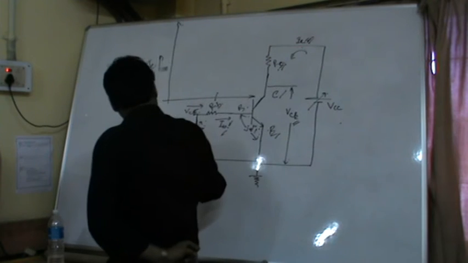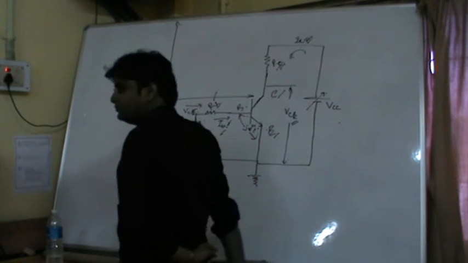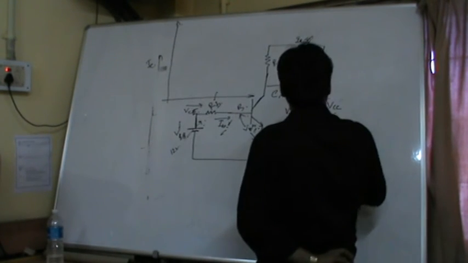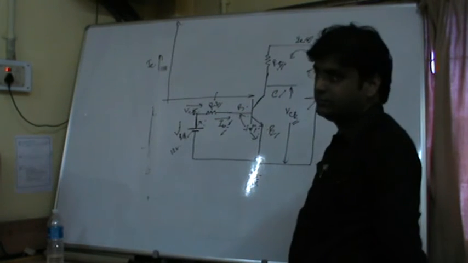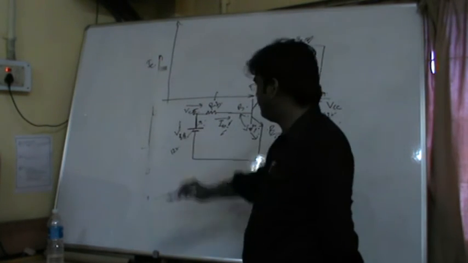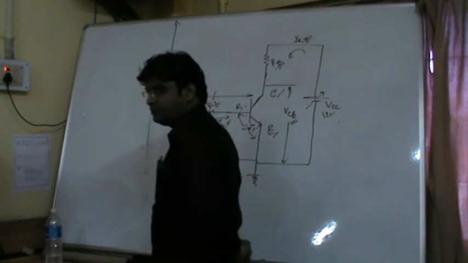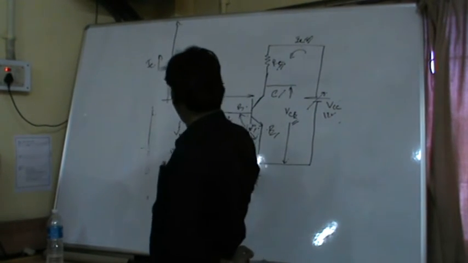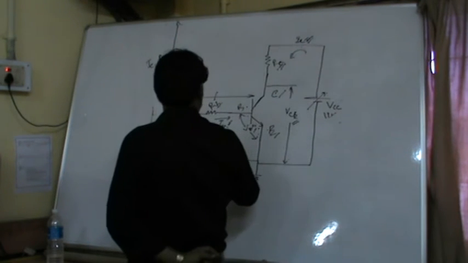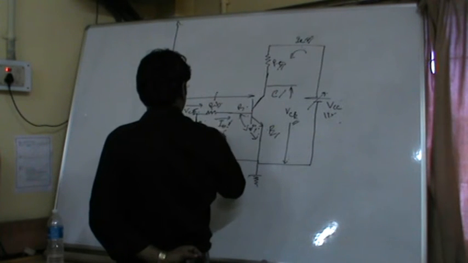Now, suppose it is 12 volt. This is also 12 volt maximum. I am setting the base voltage to 6 volt first. So there is 6 volt, and for that reason the current flowing here is IB6.